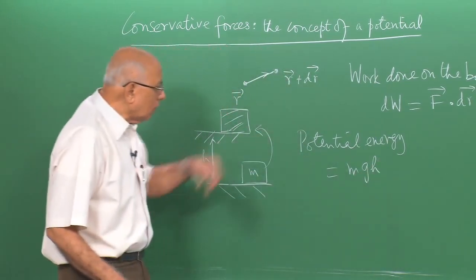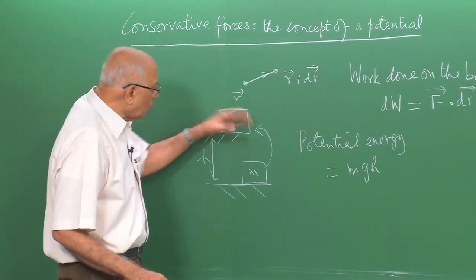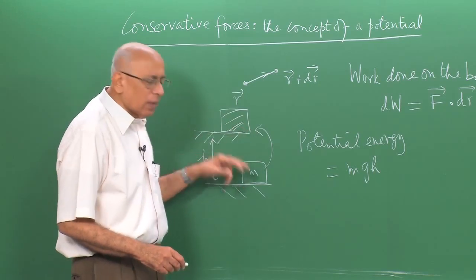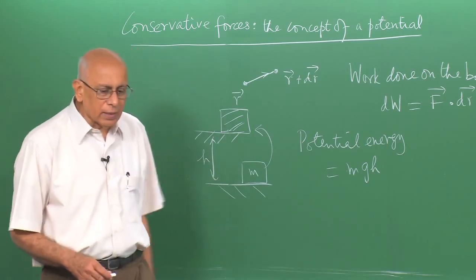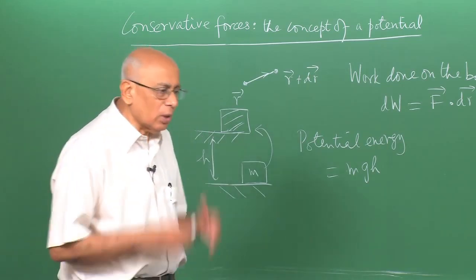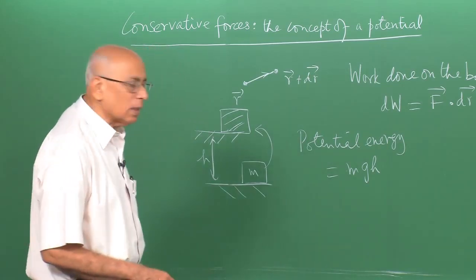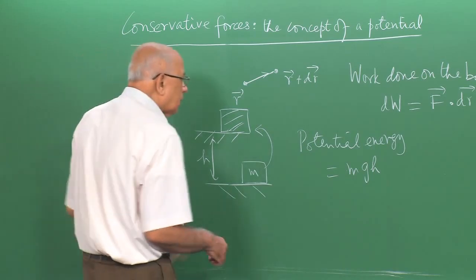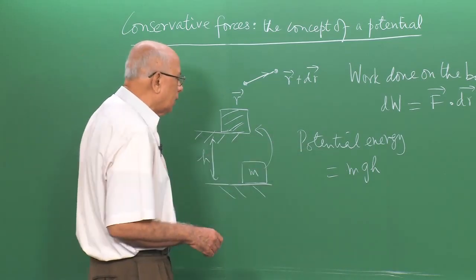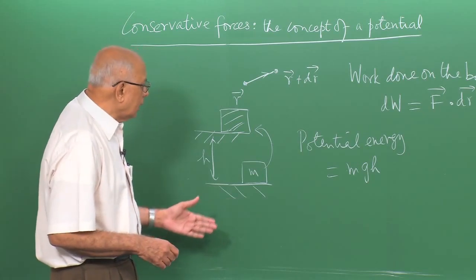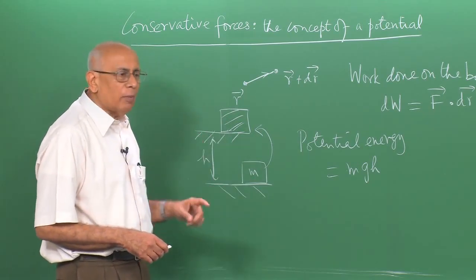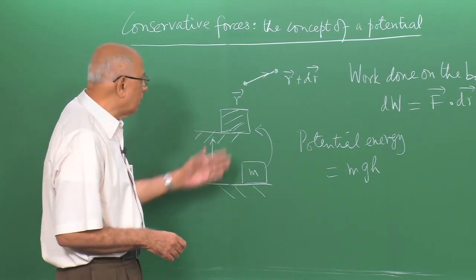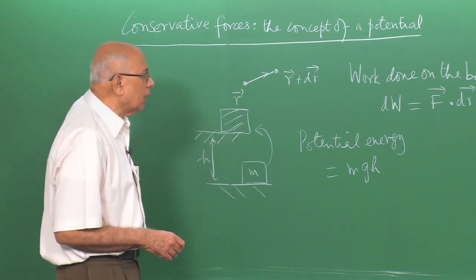The reason for the word potential is that if I were to drop this object, this amount of energy gets converted into kinetic energy, and the object hits the ground with a certain impact. So that is the reason for the word potential energy, but already you can see that the idea that an object can store energy in a form other than its kinetic energy is implicit in this very simple example.